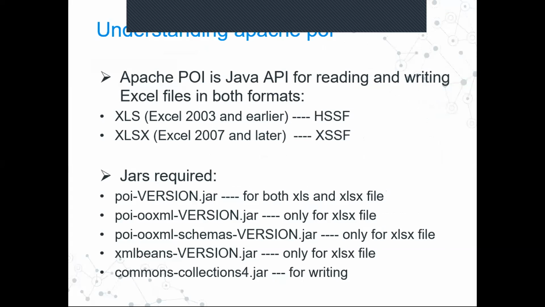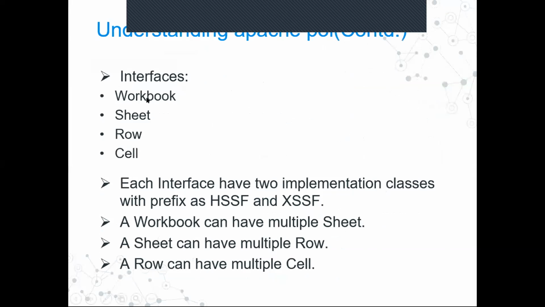Each of these, what I just discussed, is an interface, and they have respective classes. For example, for workbook you have HSSF workbook, for sheet you have HSSF sheet, XSSF sheet. Each interface will have two implementation classes with prefixes HSSF and XSSF.